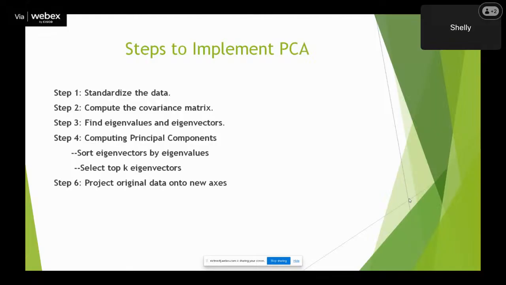Behind the scenes, since it's a statistical technique, you need to know whatever mathematics you learned during your 7th, 8th, or maybe 10th class. Some formulas need to be revised if you want to understand and go into the deep insights and the maths behind principal component analysis.